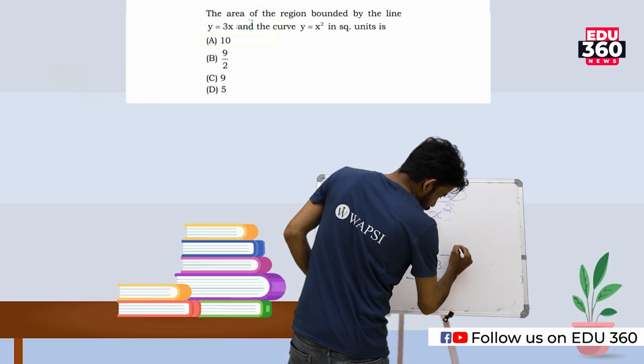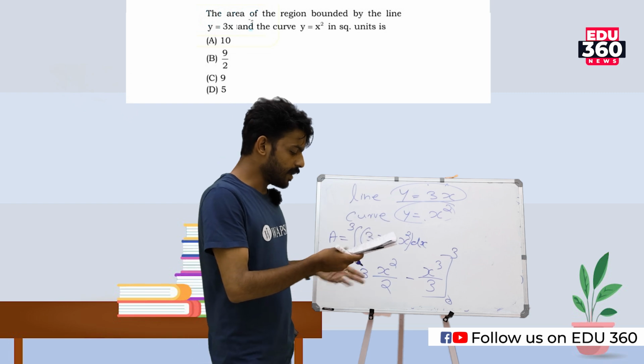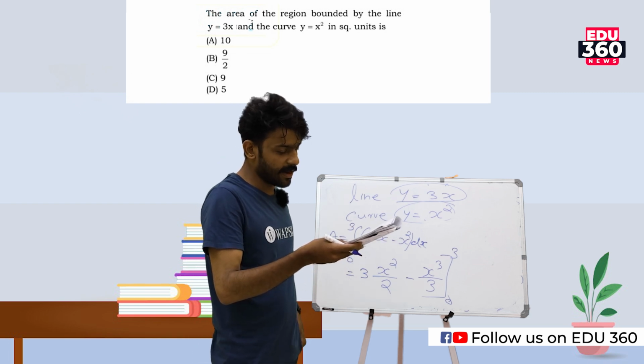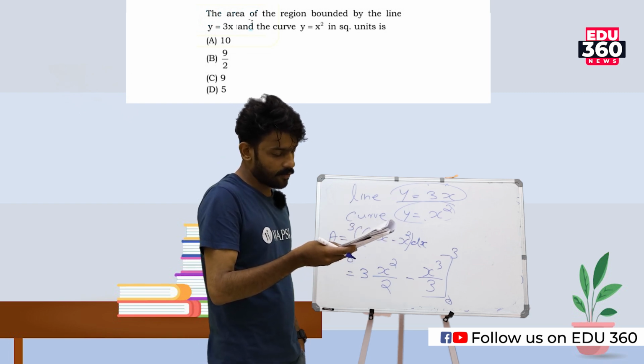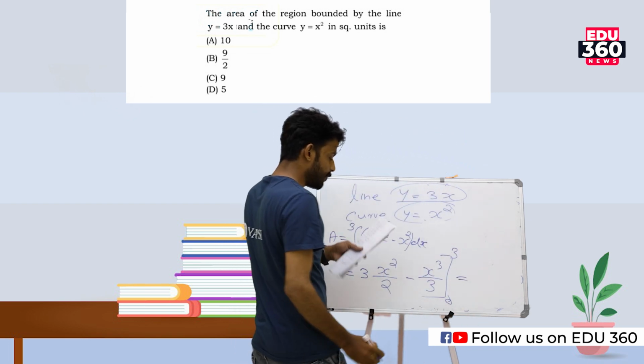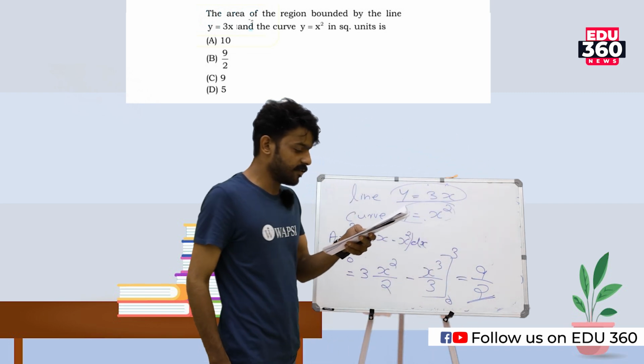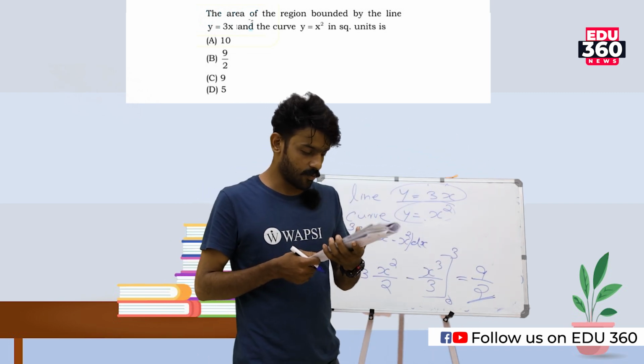Upper limit is 3 and lower limit is 0. On substituting the upper limit and lower limit, the final answer is 9 by 2.